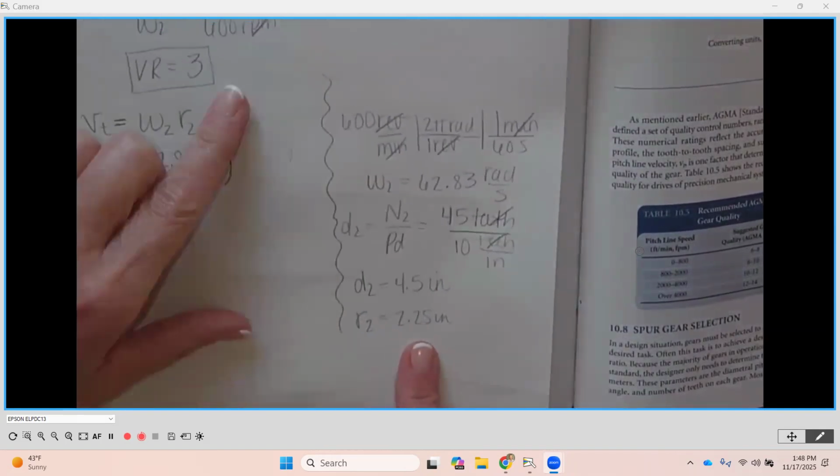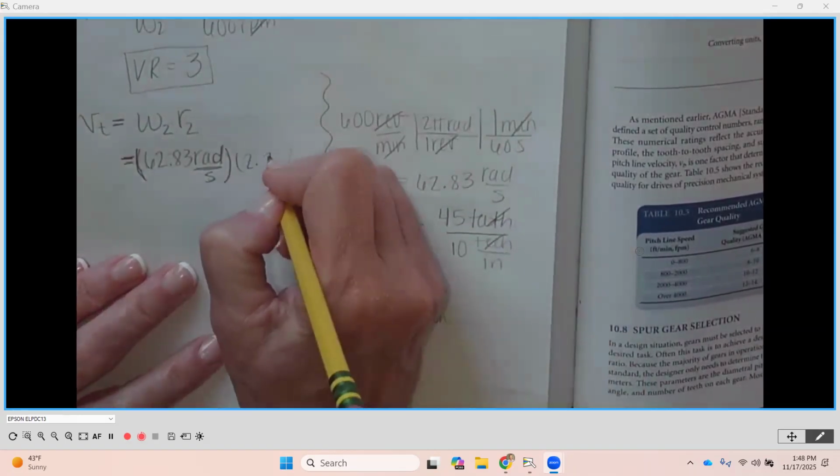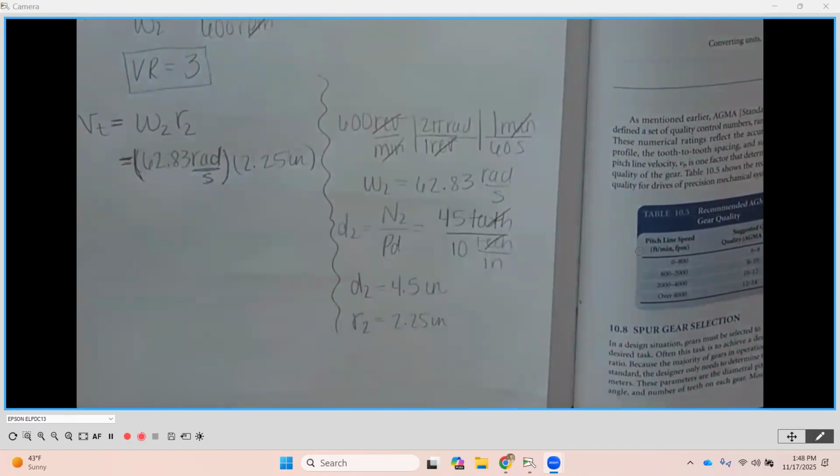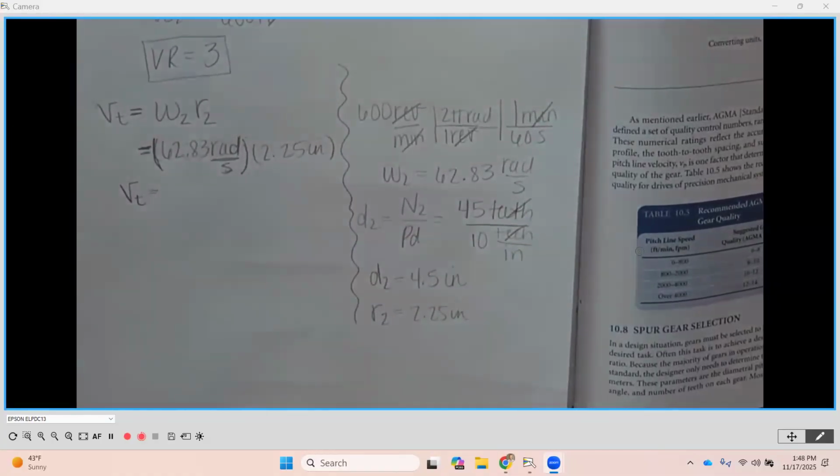So the R2 is what we're going to put right here. So this is going to be 2.25 inches. So my straight line velocity, or my pitch line speed, is 62.83 times 2.25.